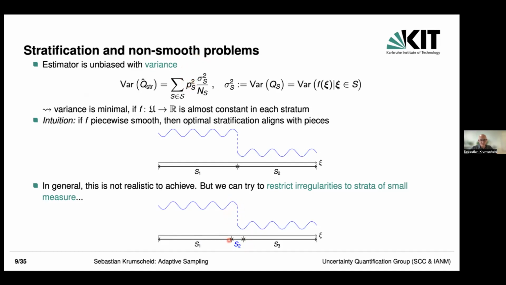If we can isolate our jump discontinuity or any sharp features in a stratum of small size, then we are still in business. That's really the analog of our PDE discretization, the mesh for this discontinuous or fractured medium. So that's the idea.